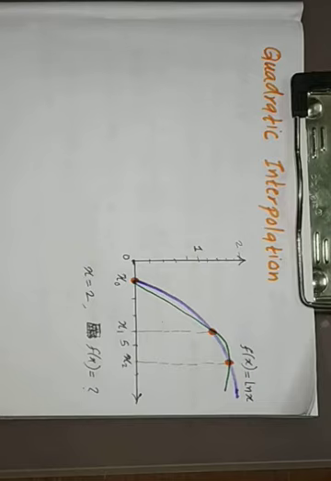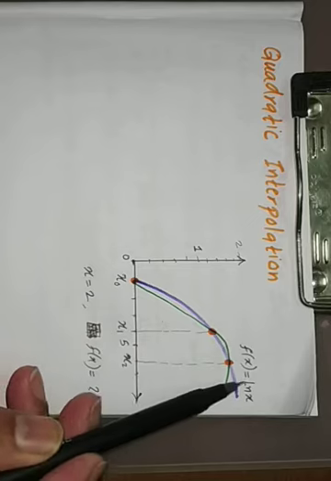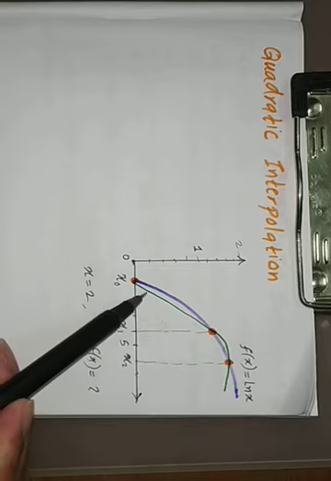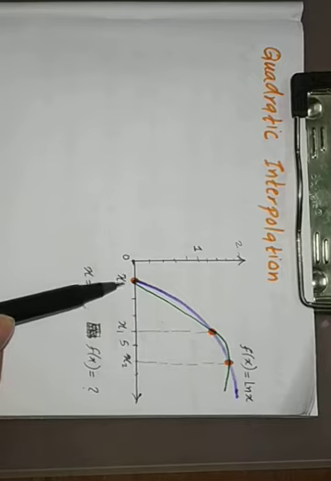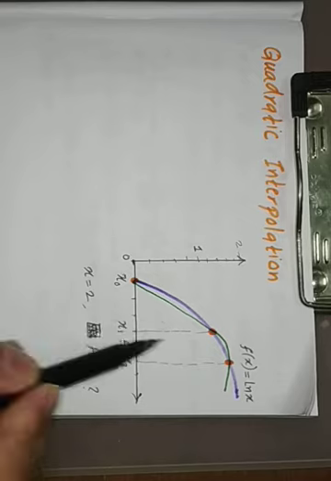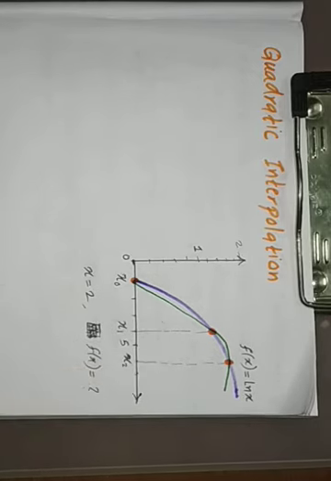Now in quadratic interpolation, say for example we have one function, this blue line is natural log of x, and in this function we have got 3 points, this orange point, x0, then x1 and x2.